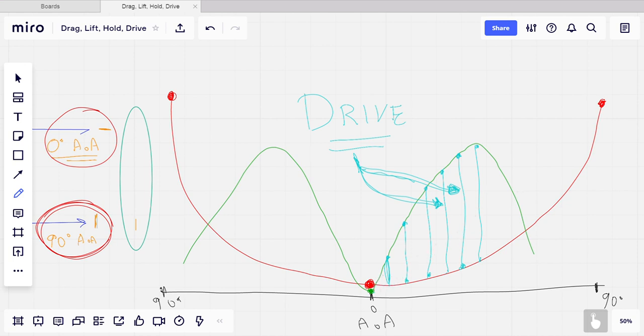But until you design these fins, it's hard to understand what it is that you're trying to do. But we try to maximize the amount of lift per unit of drag over a wide range of angles of attack. That's kind of our primary design objective, although we do have others also. Anyway, that's lift, drag, drive, and hold in a nutshell.